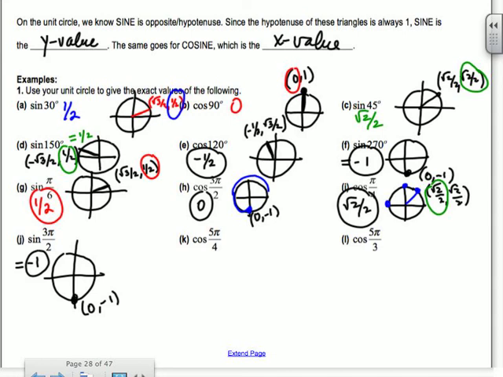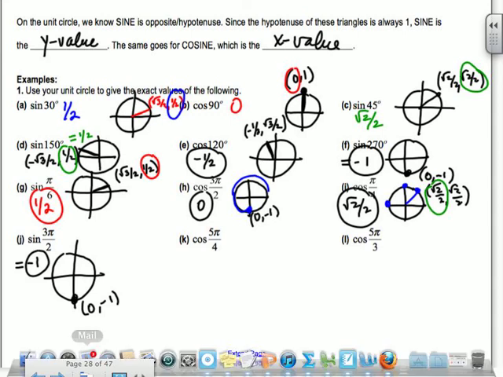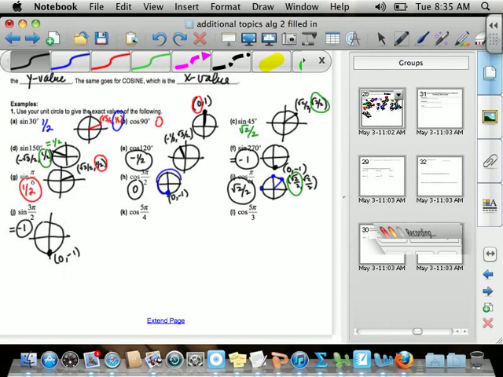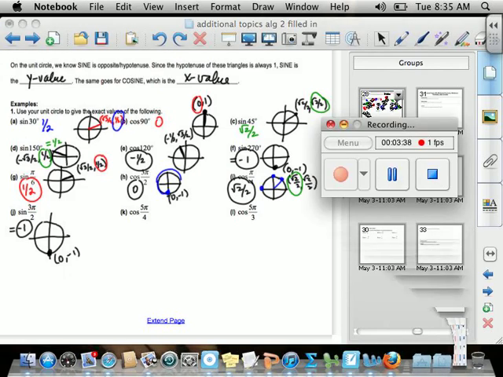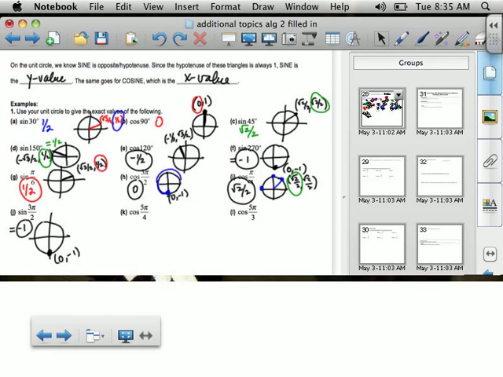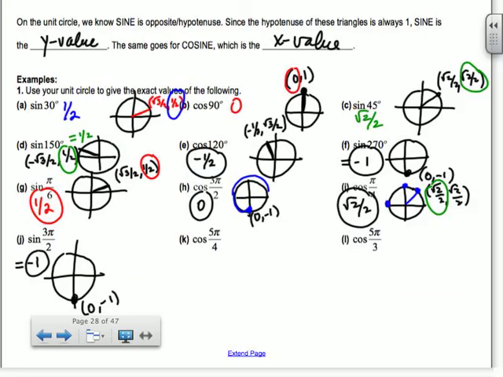Okay, think about the last two. Go ahead and try to sketch them, so see if you can get them. Just think about where they are. Okay, so 5 pi over 4, that's more than 1 pi, right? It's 1.25 pi.